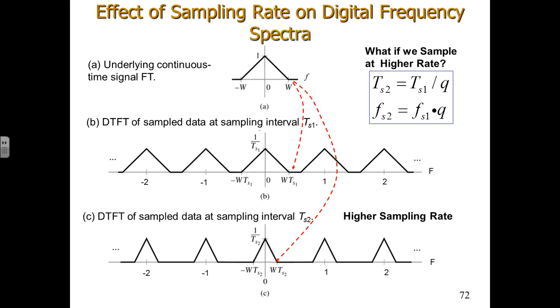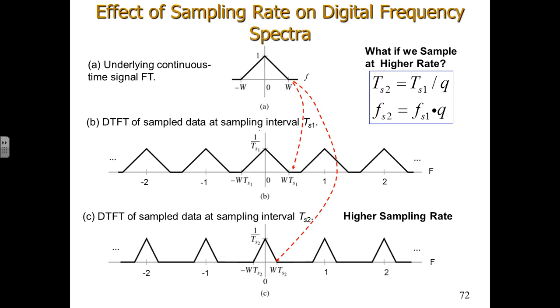That's not actually what's happened. The sampling rate, Fs, is always a digital frequency of 1, and so the analog frequency range that corresponds to the digital range of 0 to 1 is expanding when we use a higher sampling rate.